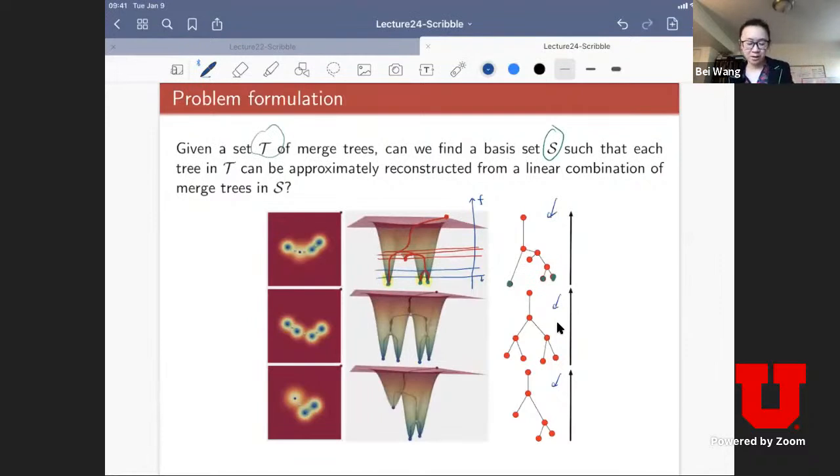Okay, that is what I mean by compression. Because I have a collection of more complicated structures, I want to reduce that collection to a smaller set so that every single element in my input is going to be a linear combination of this small basis set.